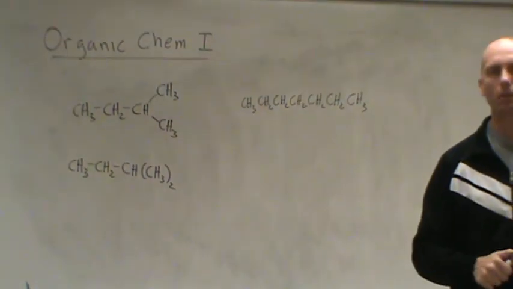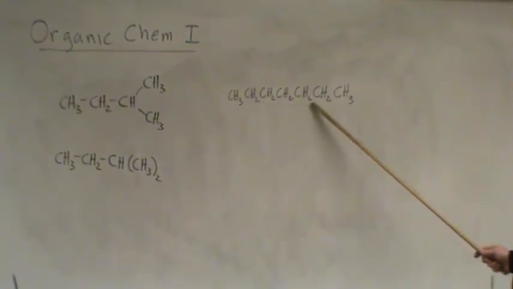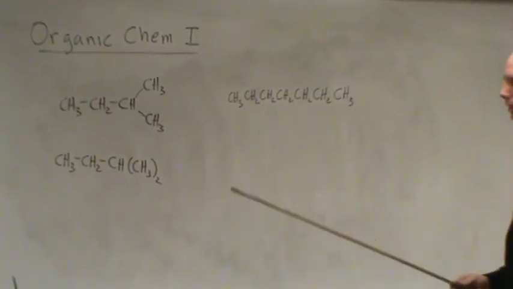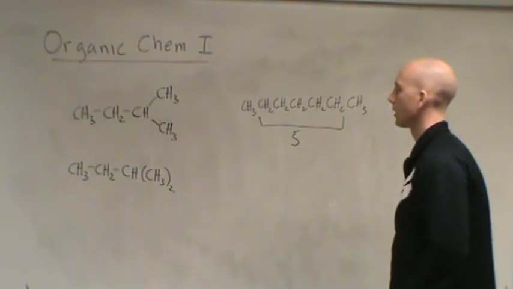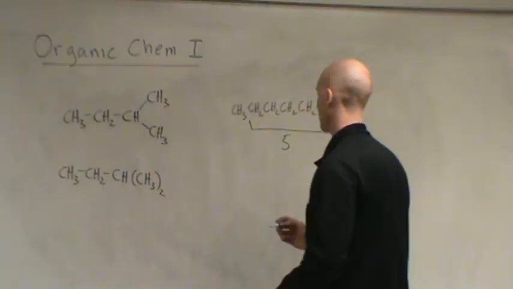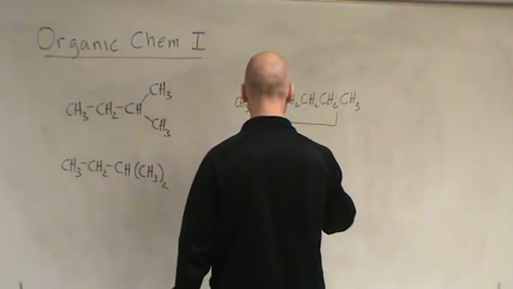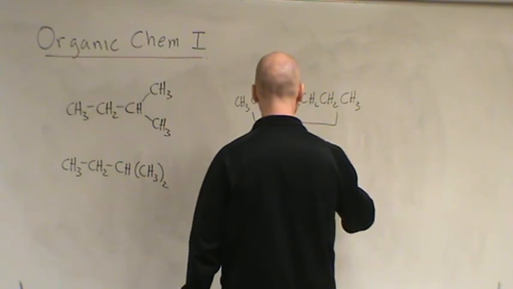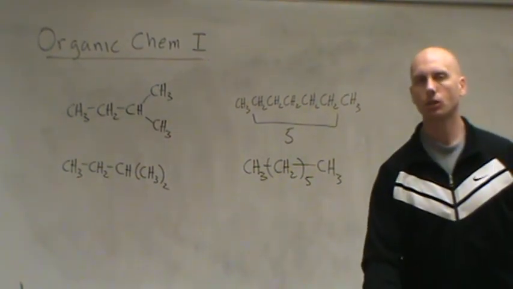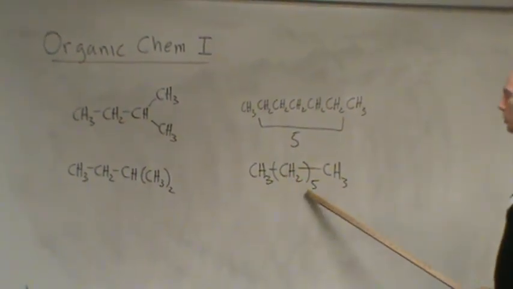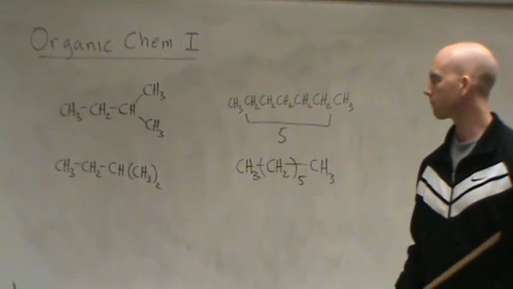Similar, if you had a molecule like this, where you have a long string of CH2s. In fact, we have 5 of them. So again, we could use parentheses to show that, and redraw the molecule like that to show I have 5 CH2s connected in a row between these 2 CH3s.